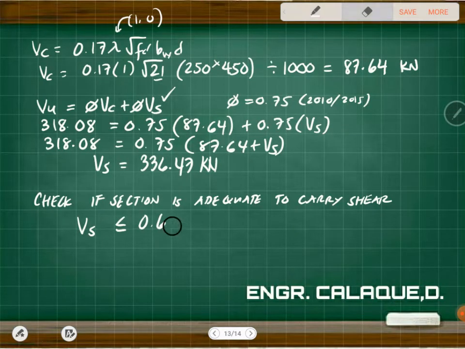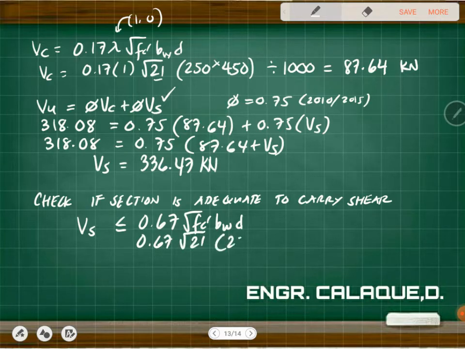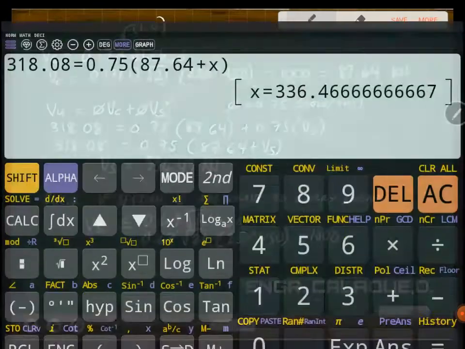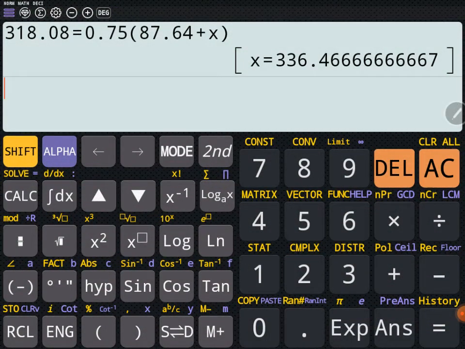So, we have 0.67 square root nung FC prime BW times D, depth. 0.67 square root nung 21 times 250 times 450 divided by 1,000. Check ko muna. Divide ko na ng 1,000 para automatic yung sagot ko.